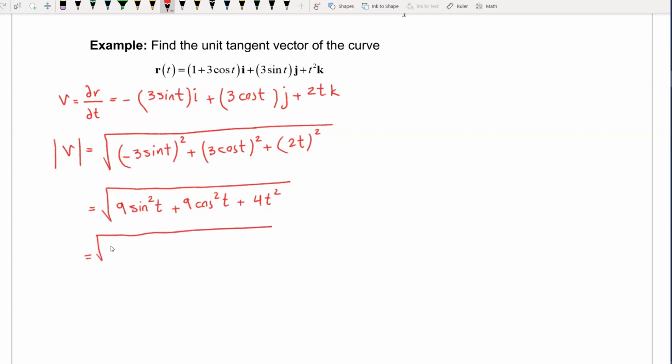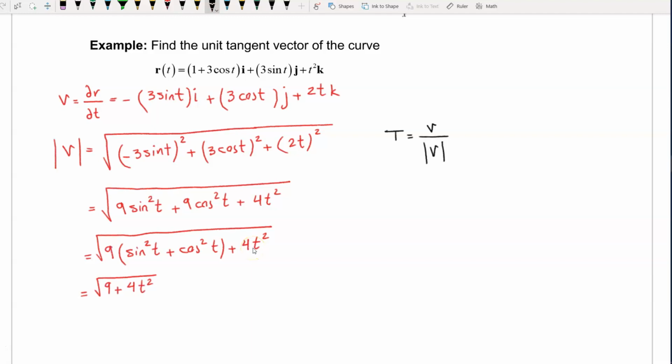We can factor this part: we have 9 times sine squared t plus cosine squared t, plus 4t squared. And now use the Pythagorean theorem. Here we have sine squared plus cosine squared, so that part is equal to 1. So this is equal to the square root of 9 times 1, that is 9, plus 4t squared.